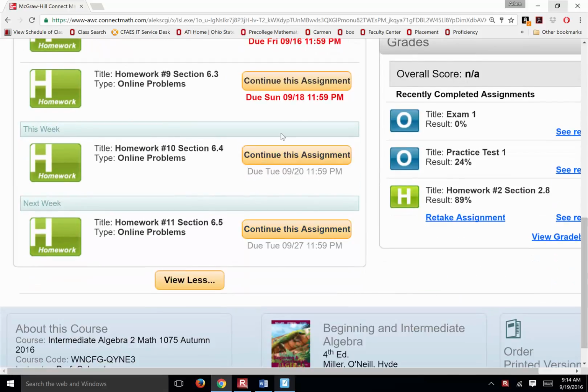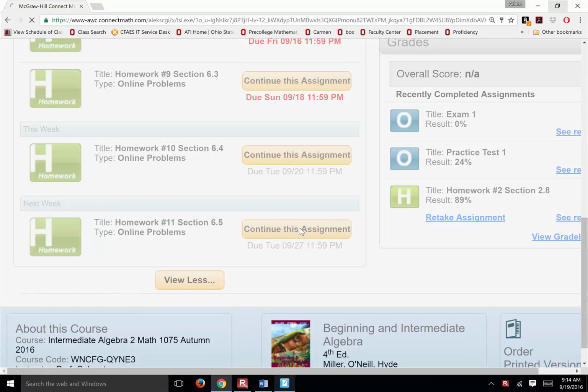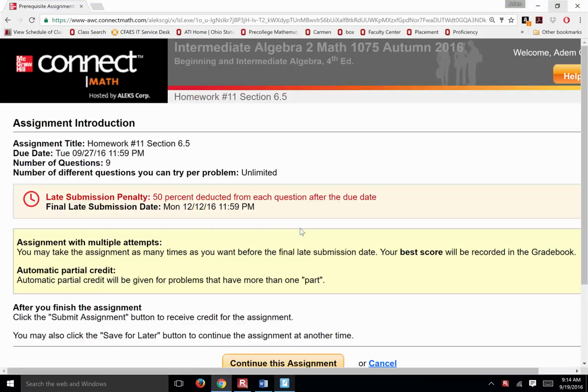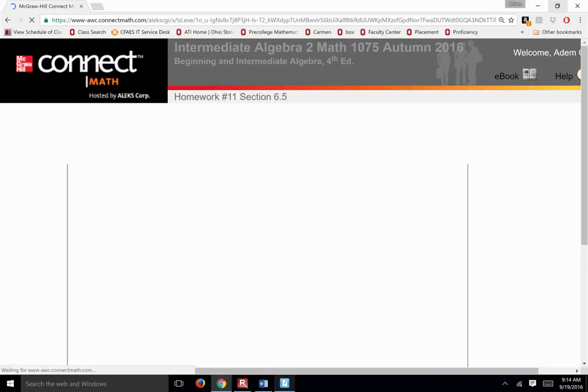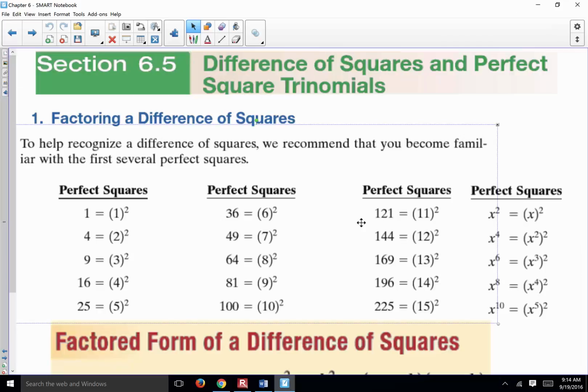Now, today we're starting 6.5, which is factoring again. We're not done factoring things. This time we are going to factor special trinomials that involve squares. There are a couple of new rules about those called difference of squares and perfect square trinomials.